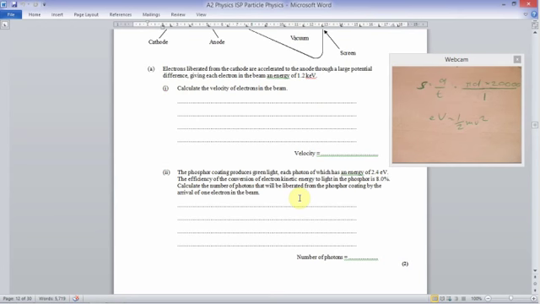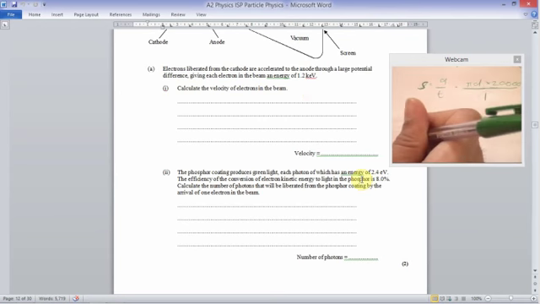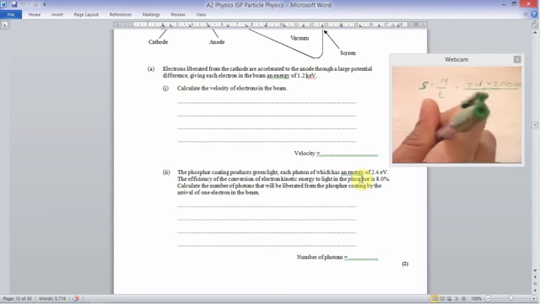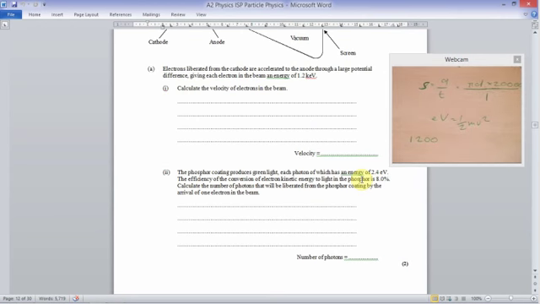Well, each one of these electrons is going to have this 1.2 kilo electron volts. But remember, only 8% of that is going to get across to the phosphor. So essentially, it's 1,200, that's 1.2 kilo electron volts, and I need to multiply by 0.08, because that's telling you what percent is now actually going to get across.